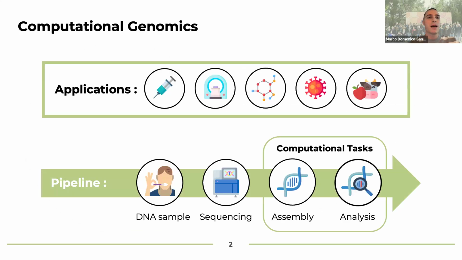But despite this great amount of applications, the genomic pipeline is pretty much standardized, because it always starts with taking the DNA sample, which is then sequenced to obtain subsequences of the original genome, and then the computational task begins, because these reads need to be assembled together to recreate the original genome, which is finally analyzed to find some specific sequences of nucleotides inside it.